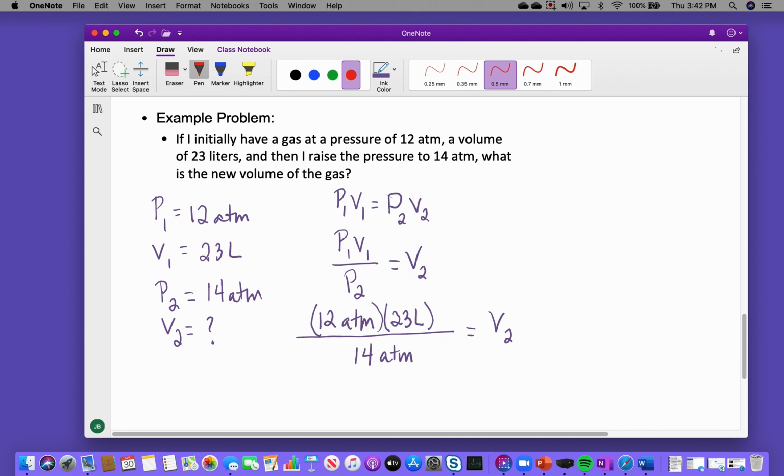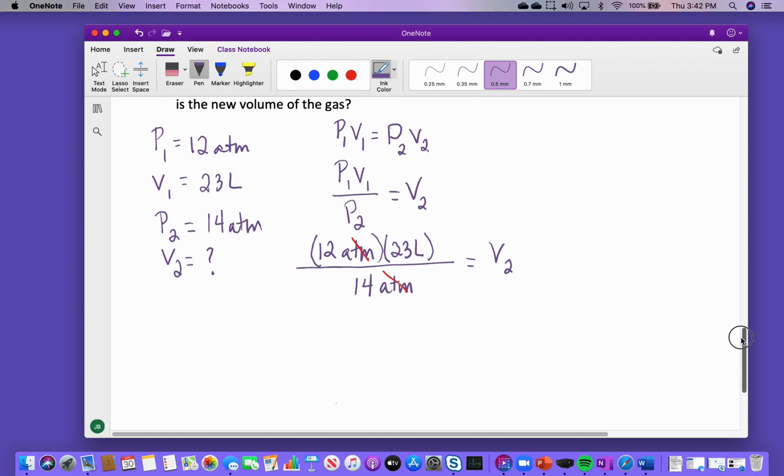As always, let's check and make sure the proper things cancel out. Atmospheres at the top will cancel out atmospheres in the bottom, leaving us with just liters, which is fantastic because we are solving for a volume. So far it looks like we are on the right path. So now let's put this into the calculator.